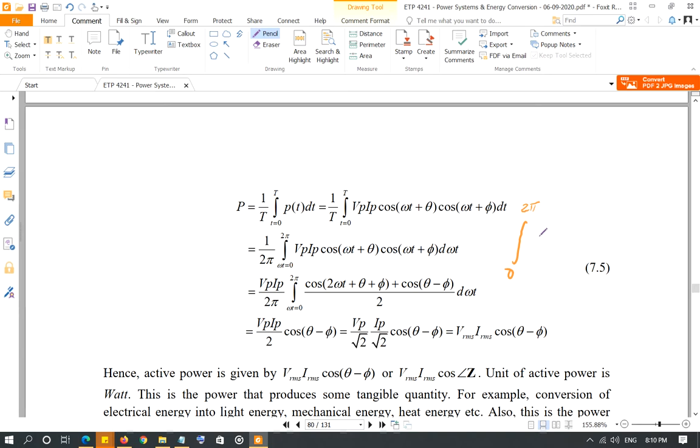Of course, the area under the curve is going to be the same, whether you are in the time domain or in the angle domain. So cosine of 2 omega t plus theta plus phi d omega t, and then plus cosine of theta minus phi d omega t. Right, so we split this function into two, and we take this 2 out.